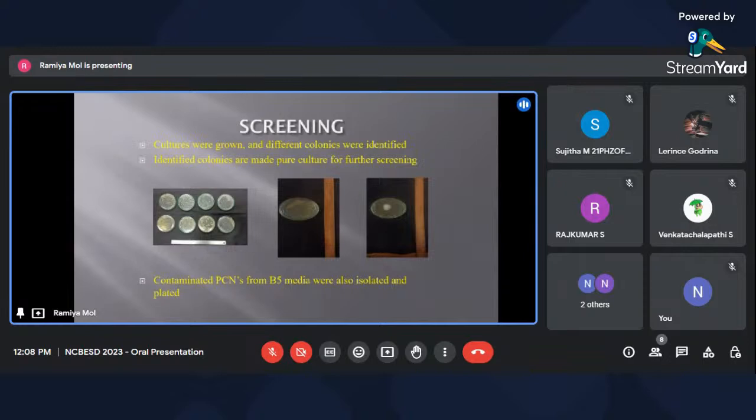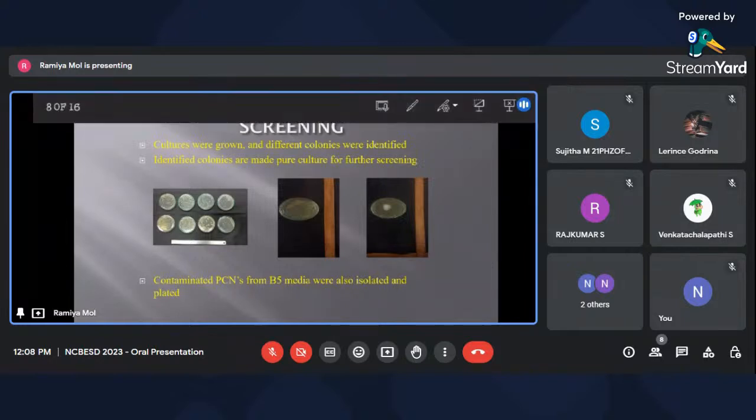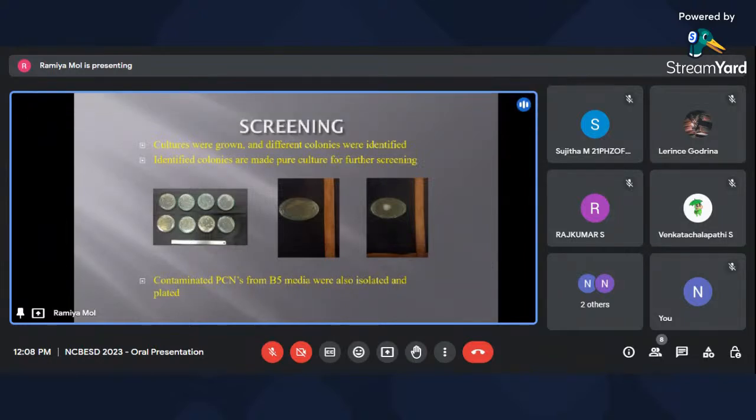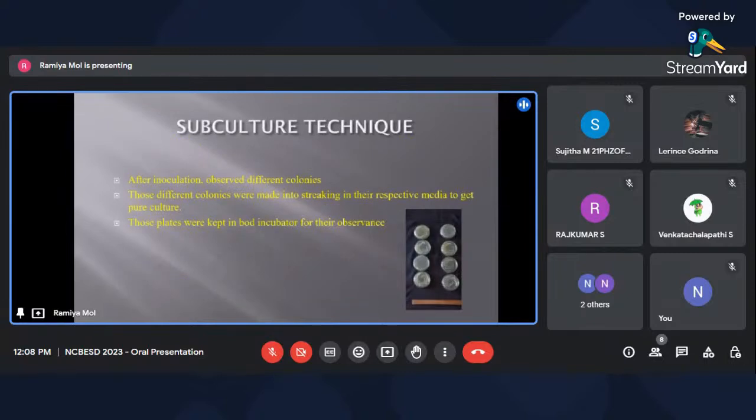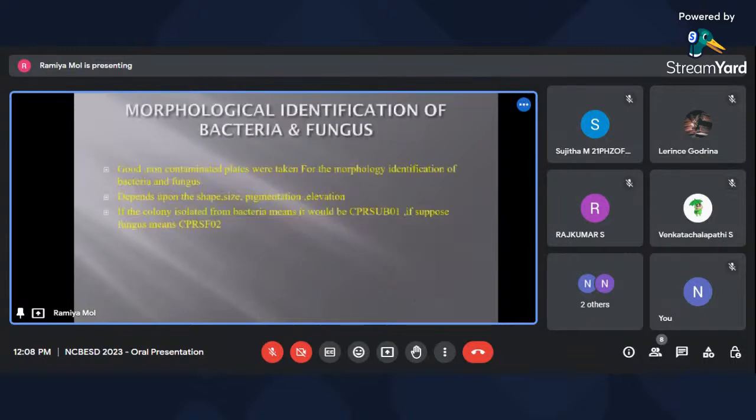From that, I have done quadrant streaking for bacteria, and I have plated fungus in potato dextrose agar. Subculture technique. After inoculation, I have observed different colonies and kept them in the BOD incubator for observation.